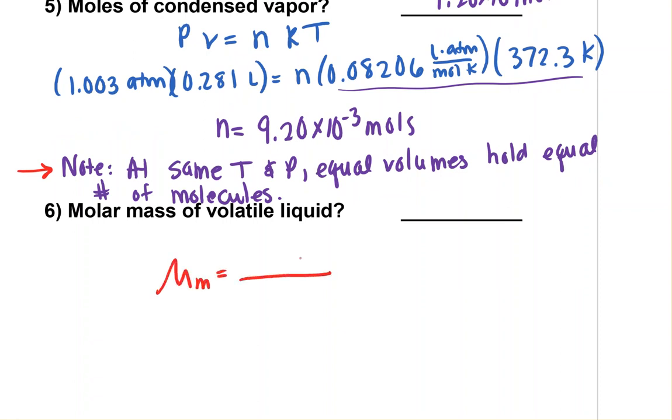But anyway, so now we're ready to get the molar mass. And you're just going to use the definition of molar mass. It's grams over moles. So you plug in the grams of the condensate and divide by the number of moles you had.